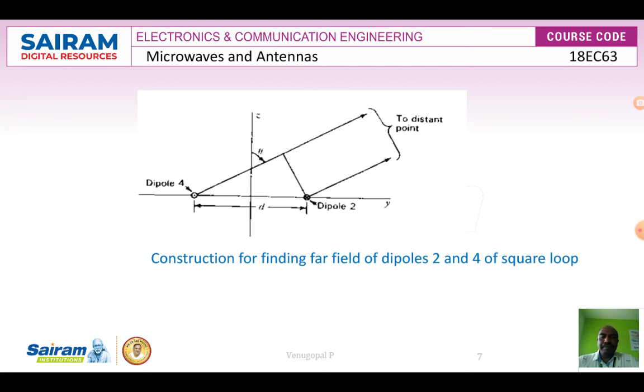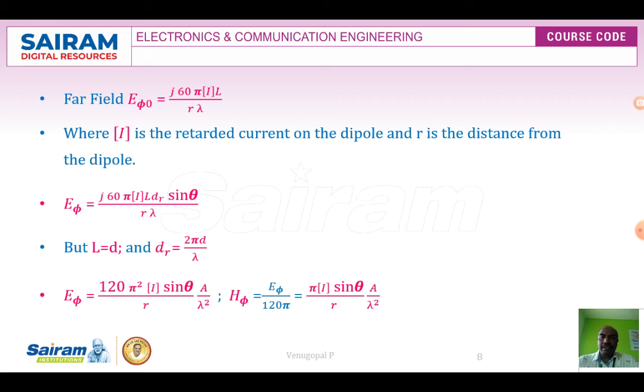So let us see what is the far field. What is the electric field at the distant point? Far field or electric field at the distant point, E_θ0 is equal to j into 60π into I into L by rλ, where r is the distance from the dipole to the distant point and I is the retarded current.